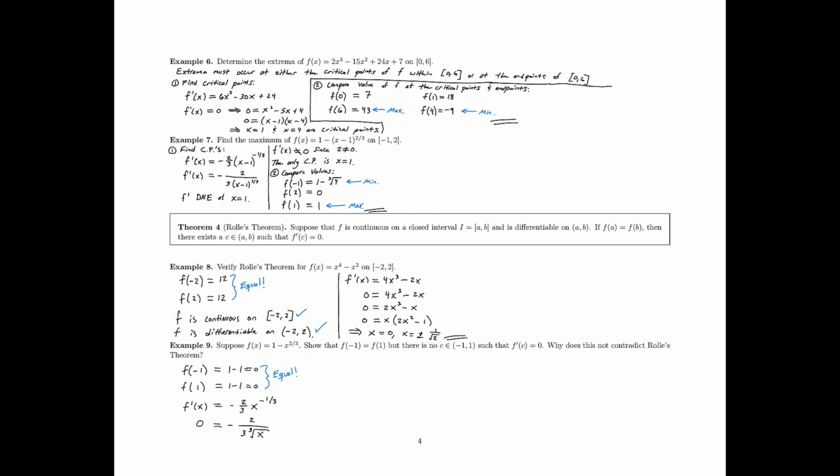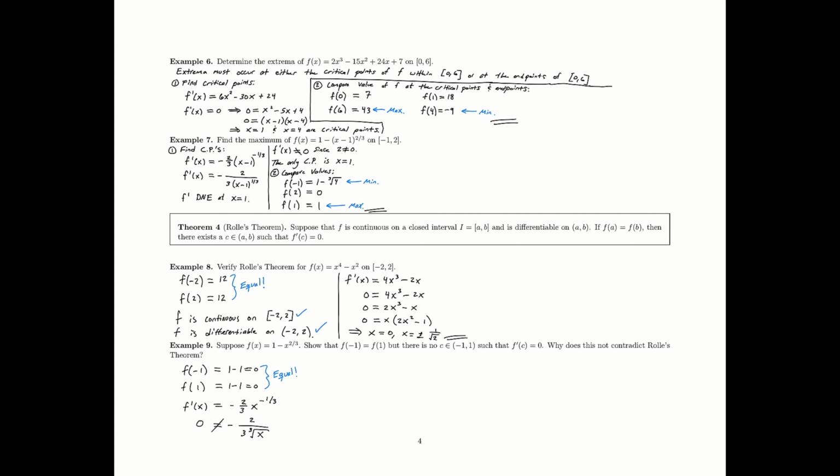That's the only way it's possible. Well, there is no variable up here in the numerator. So is 2 ever equal to 0? No, 2 is 2. So, in fact, this is never true. It's impossible.